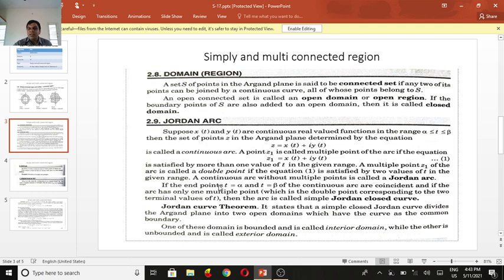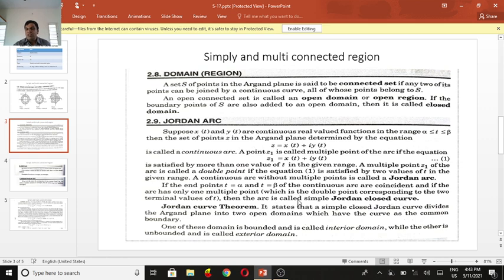If the endpoints t equal to alpha and t equal to beta of the continuous arc coincide, and the arc has only one multiple point, which is the double point corresponding to the two terminal values of t, then the arc is called a simple Jordan closed curve.